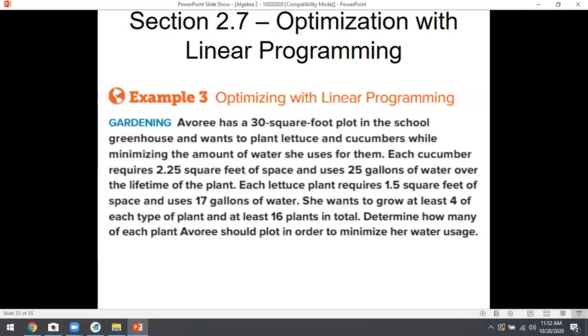She also wants at least 16 plants in total. So the total number of plants, the cucumbers plus the lettuce, must be at least equal to 16. Whew. All right, we got it.